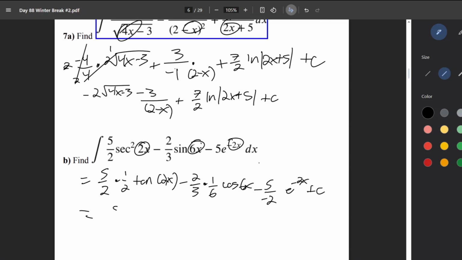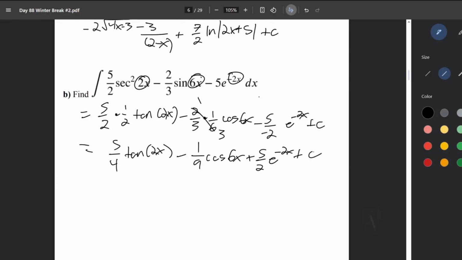Simplify, equals 5/4 tan 2x. These cancel 1/3. So this is -1/9 cosine 6x. Then this would be plus 5/2 e to -2x plus c.